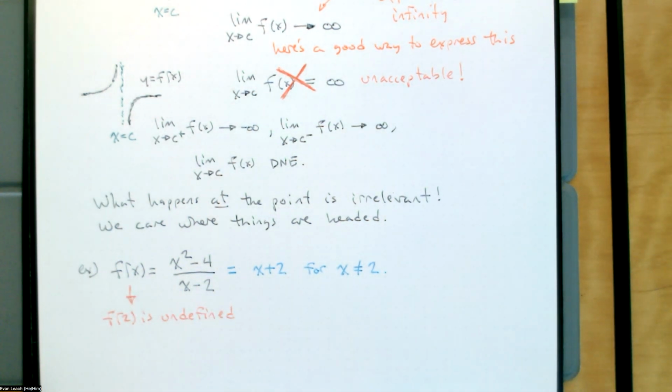You can't just simplify your expression and patch over all these undefined bits of your function. So when we go to draw the graph of this function, x squared minus 4 over x minus 2, we can draw x plus 2 everywhere except for 2.